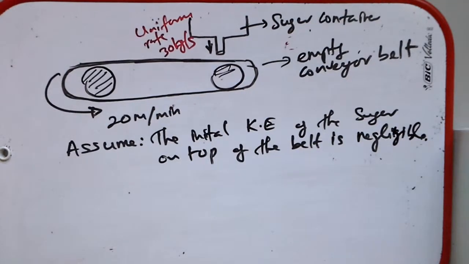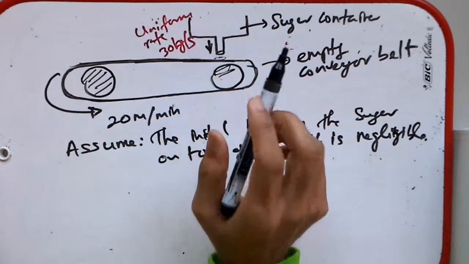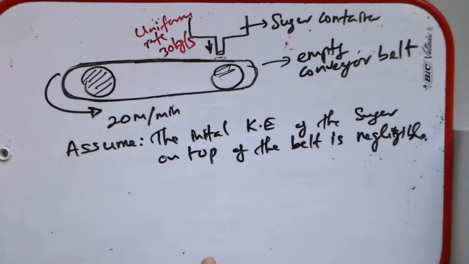Meaning when you drop the sugar, the sugar actually starts from rest. Because there is no initial kinetic energy, we say that is negligible.